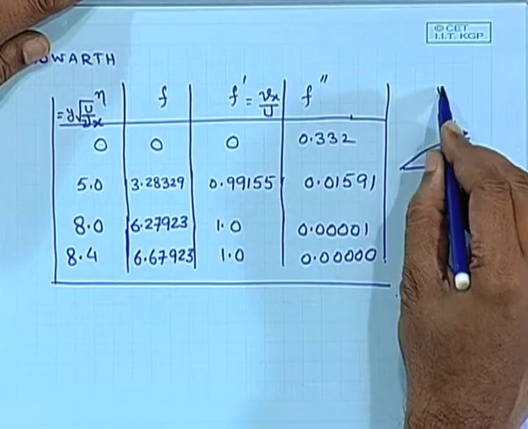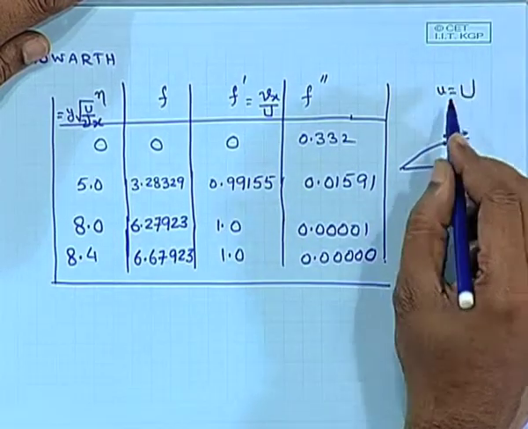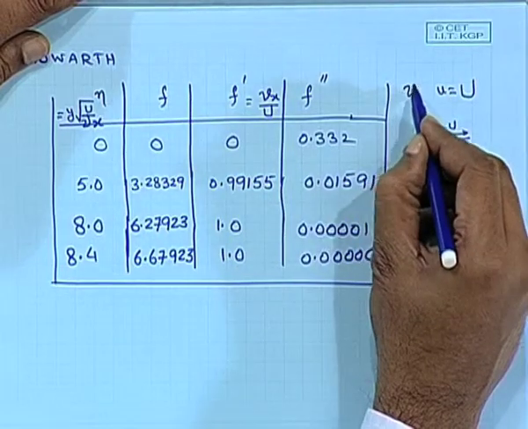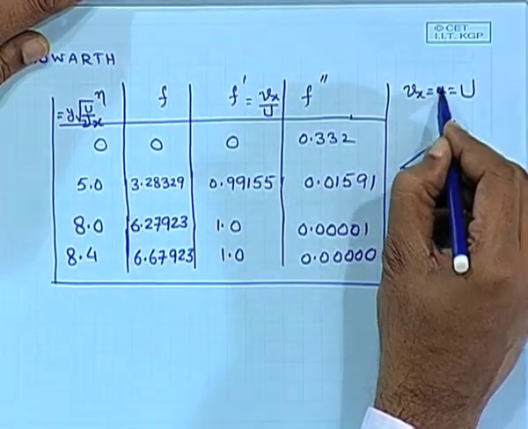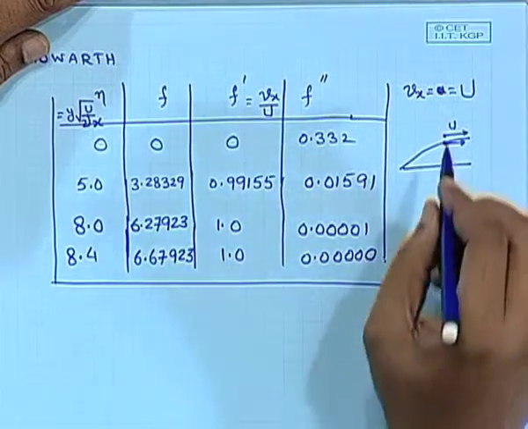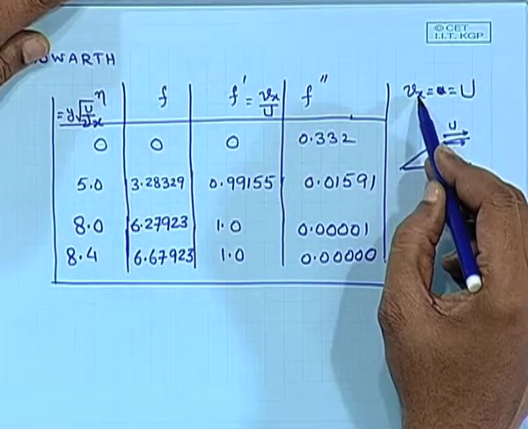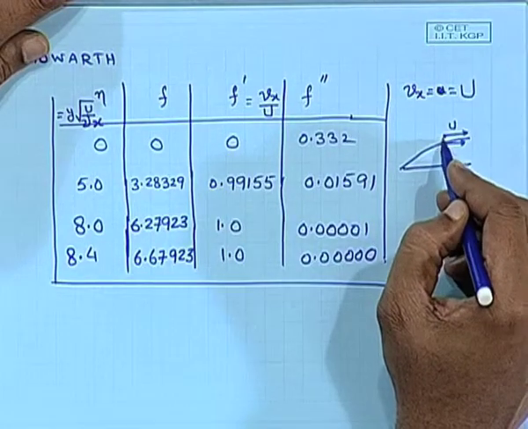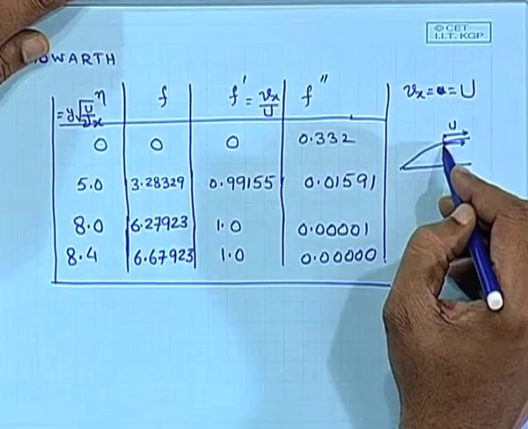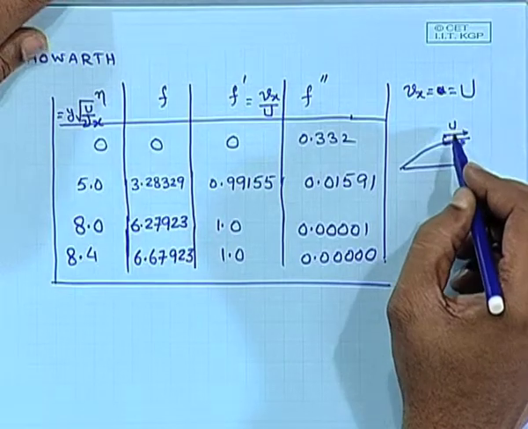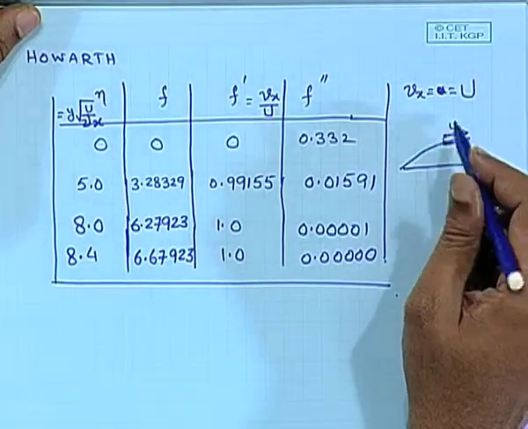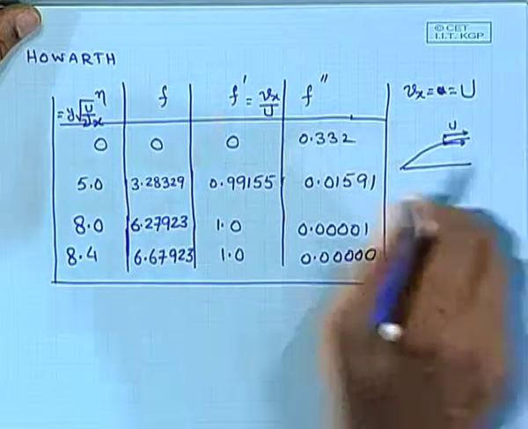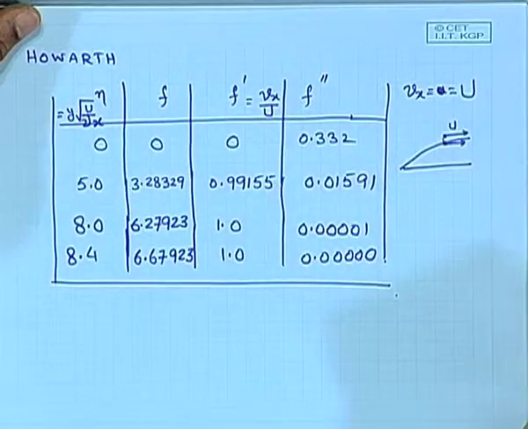So, that means small u would be equal to capital U, or in the notation that we are using, Vx would be equal to U. We also know that the gradient of Vx with y would be equal to 0 at y equal to delta. So, what is the point which corresponds to Vx equals U in this numerical result?